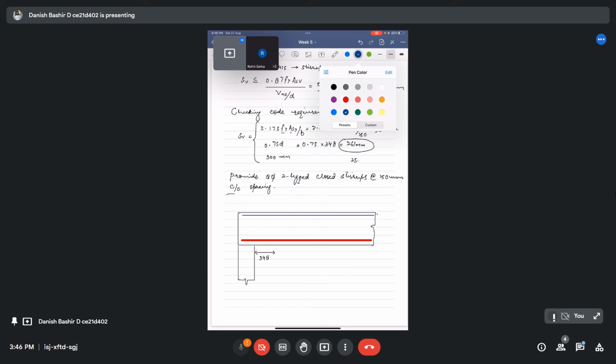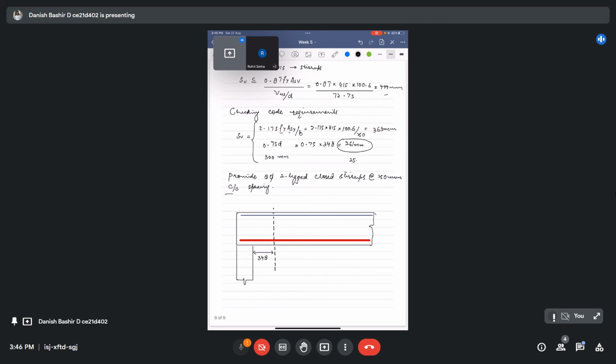This one. So we provided two-legged stirrups like this.